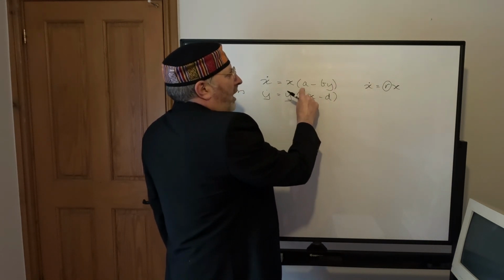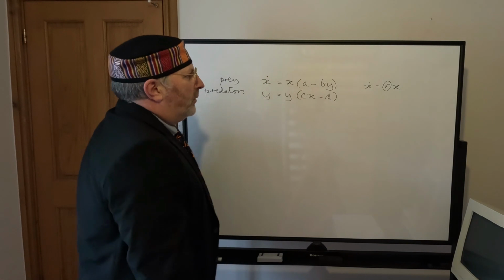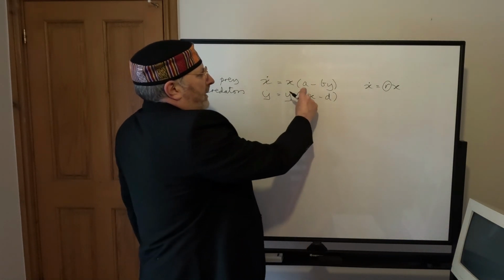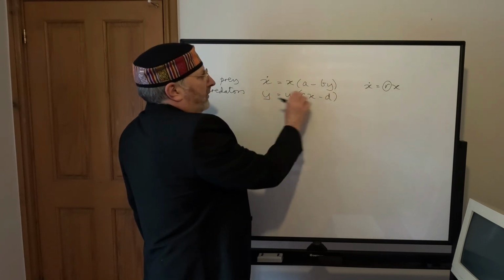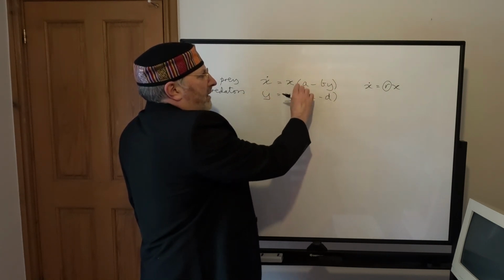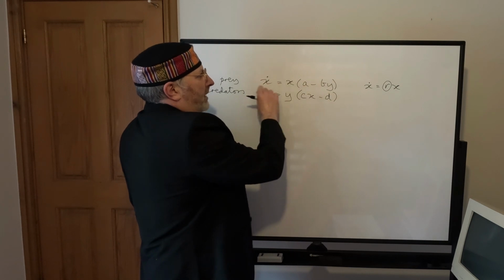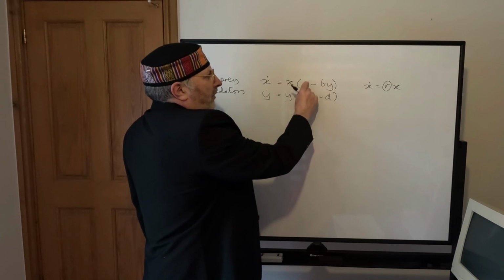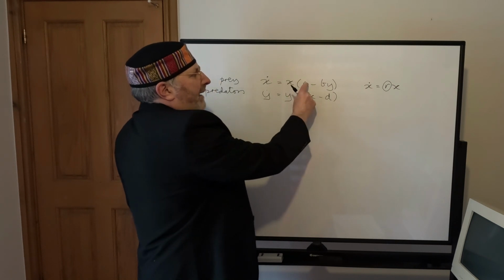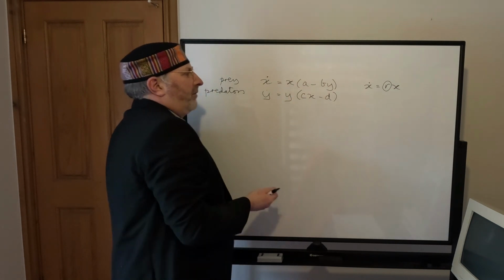So we're replacing R with this expression, which is saying that if there were no foxes, Y represents the foxes, the predators, then the rate of increase of the rabbit population X would be positive, because there's this constant A and it's shown as a positive value.